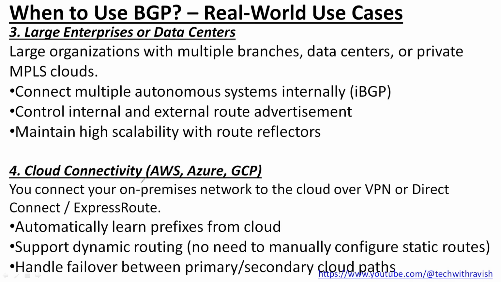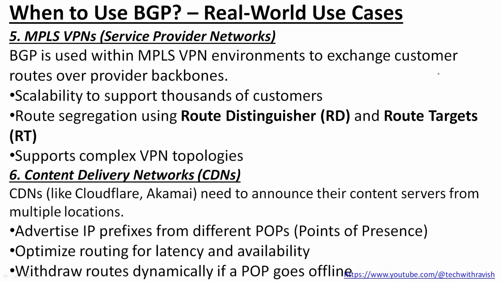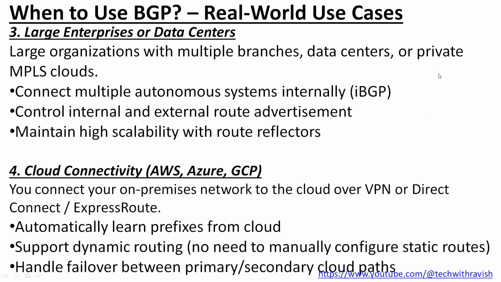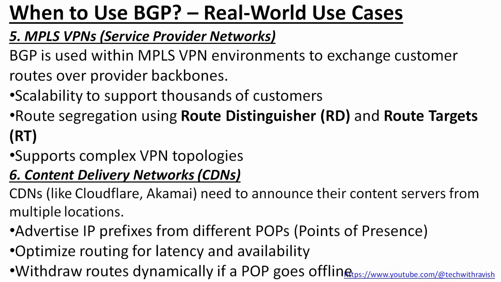In case of cloud connectivity, AWS, Azure, or GCP, we also need the BGP protocol, because over VPN, Direct Connect, or ExpressRoute, BGP is the best protocol. In case of MPLS VPN, if we want to initiate an MPLS VPN for a service provider network, we also need the BGP protocol.